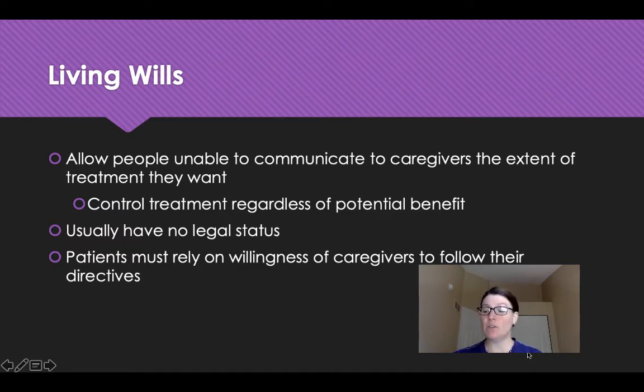However, living wills generally aren't, there's no legality surrounding a living will. It tends to be more of just a guidance document for your caregivers. And so patients need to rely on the willingness of their caregiver to actually follow it if you reach a point where you are unable to make decisions on your own.